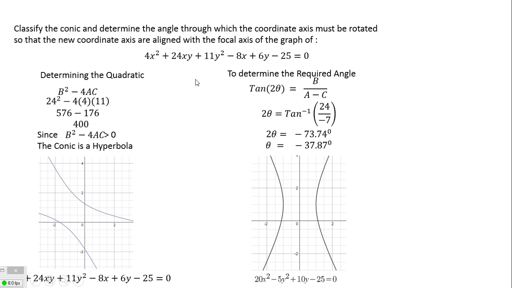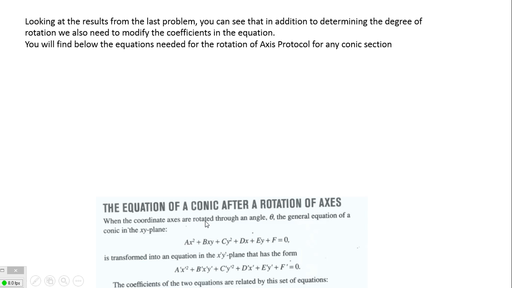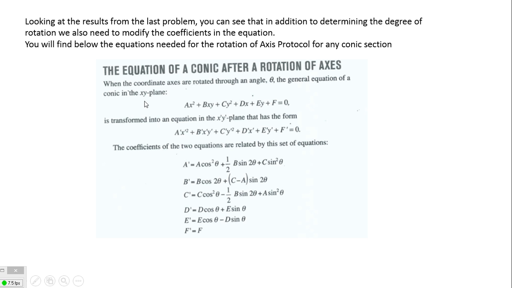So whereas we have new A, B, C, D, E, and F, how we get through those is indicated here. So when the coordinate axes are rotated through an angle of theta, again using that inverse tangent of b over a minus c, okay, we come up with a new form of the equation where the a prime, b prime, c prime, d prime, and e prime are found using this sequence of calculations, of course, where the angle theta is what we found previously, the angle of rotation.